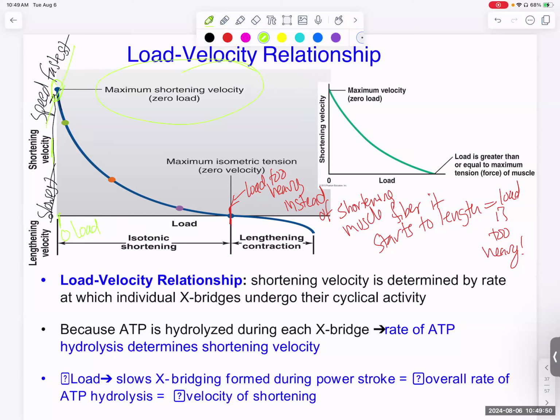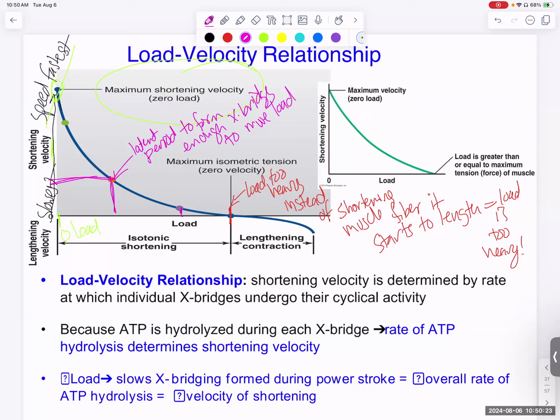So maximum shortening velocity is happening at zero load. As we increase this load, the velocity is going to be medium, right? Because it has a latent period to form enough cross bridges to move load.